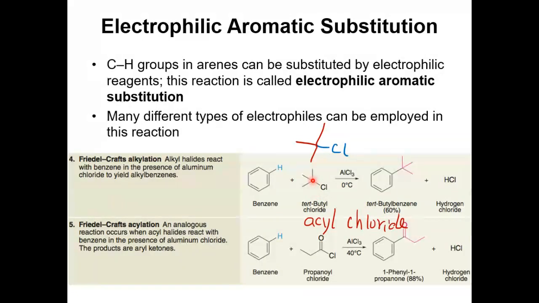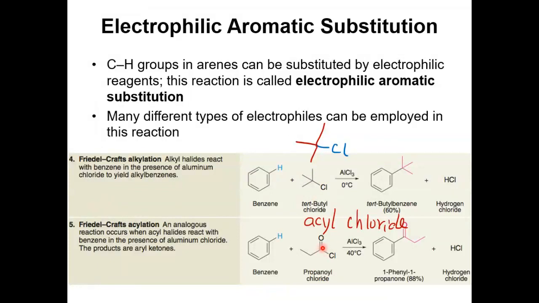Bottom one, because the CO double bond will substantially increase the positive charge of the carbon. That makes the carbon even more electrophilic than the alkyl carbon you saw earlier. So the acyl chloride in general is a substantially better electrophile.